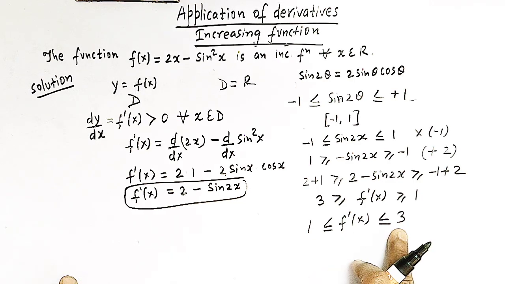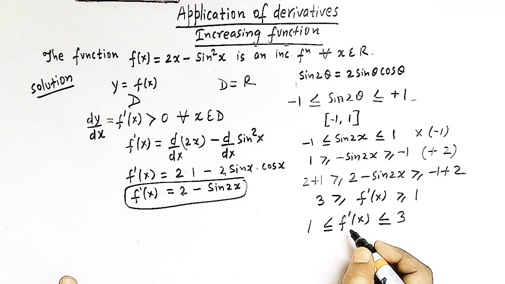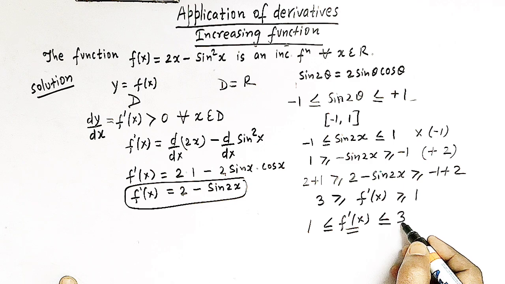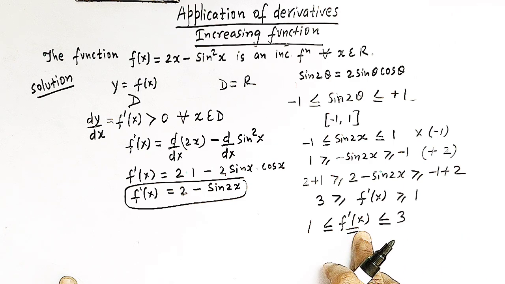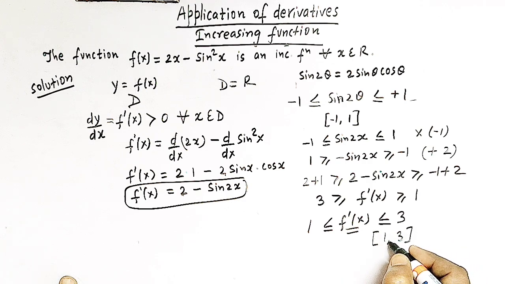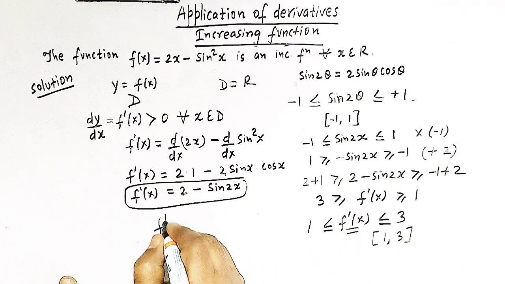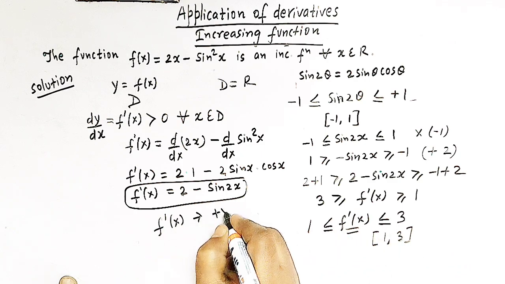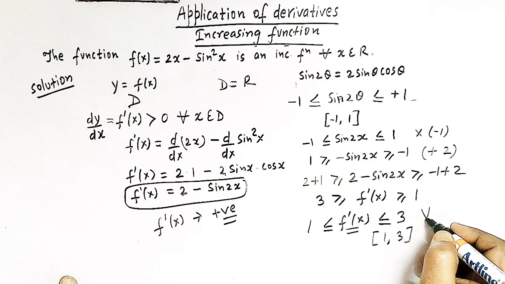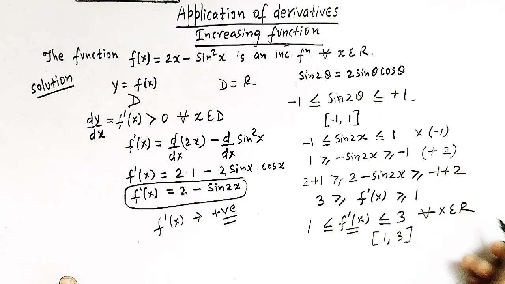So now from this inequality we can easily conclude that the derivative, that is f prime of x, lies in the interval that is 1 to 3 where both these endpoints are included, right? And f prime of x is always going to be positive because here the value of f prime of x lies in this interval, that is from +1 to +3 for all values of x belonging to R, right?